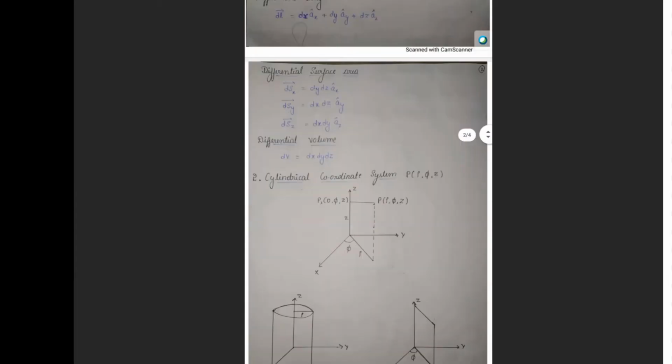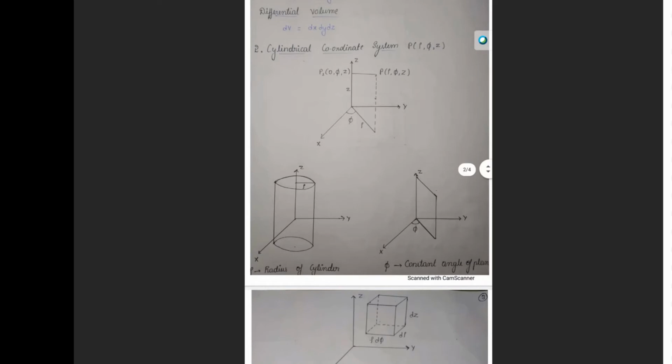And coming to the last term, differential volume. Differential volume is the product of length, breadth, and height. If you multiply all three sides, you get the differential volume, dv, equal to dx dy dz. So for the Cartesian coordinates, once you define the sides and the unit vectors, you can arrive at differential length, differential areas, and differential volume.